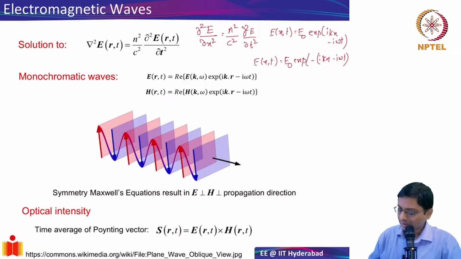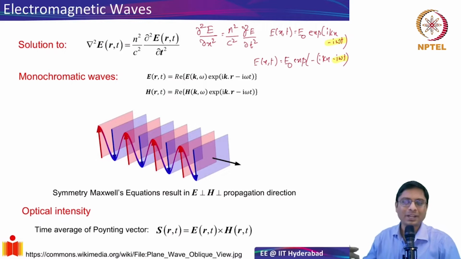In the first case we are considering the time dependence to be minus iωt. In the second case it is plus iωt, because minus and minus becomes plus iωt, and that has some implications in the notation. It turns out that the minus iωt notation is used in the physics community, and the plus iωt notation is used in the engineering community. Because of that, sometimes some parameters look different, but it's just the sign convention that they adopt.